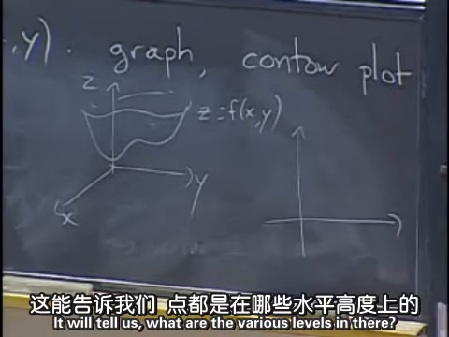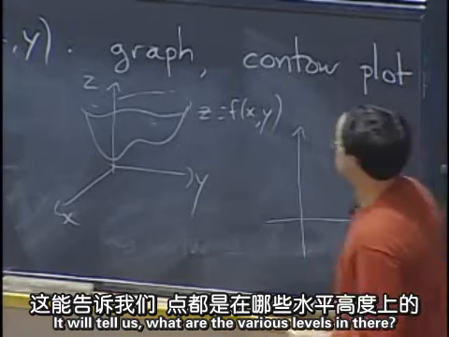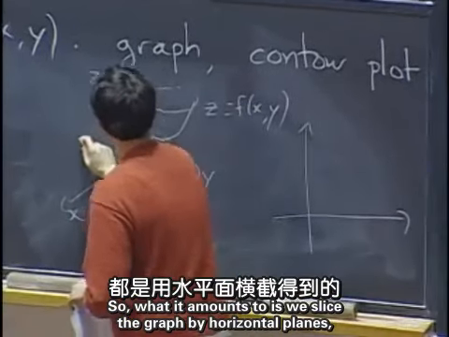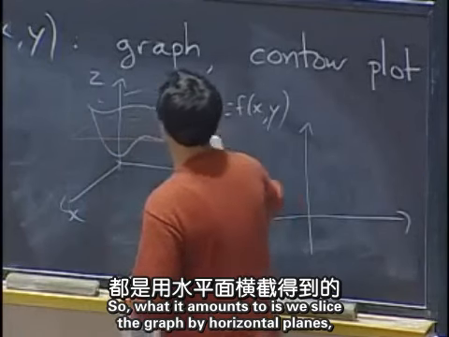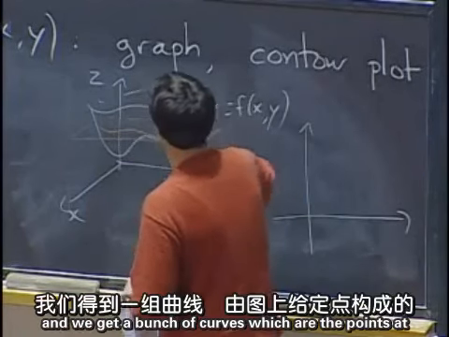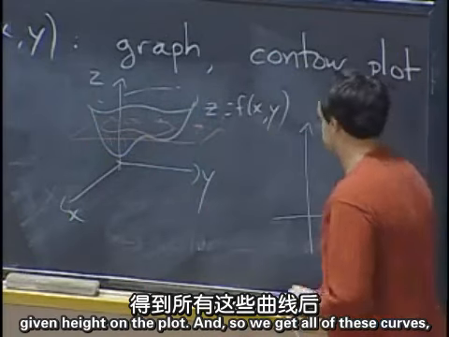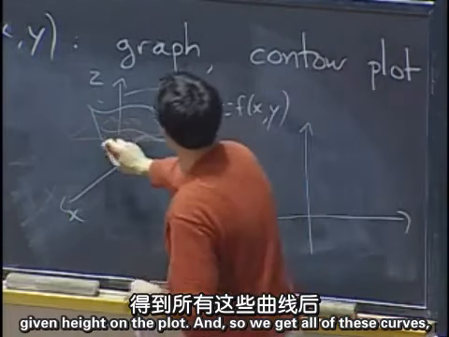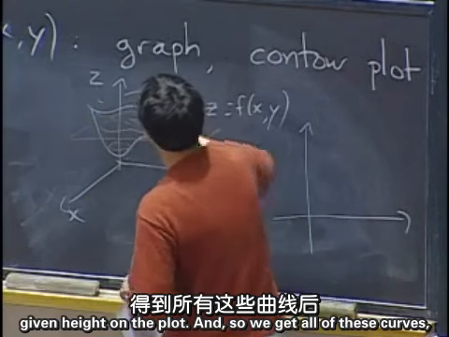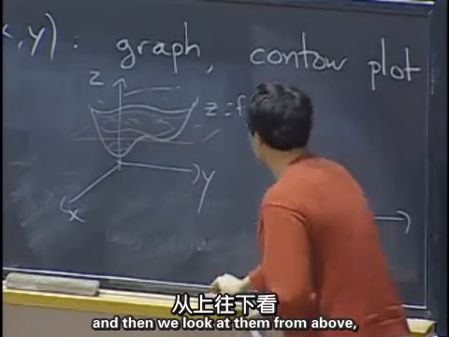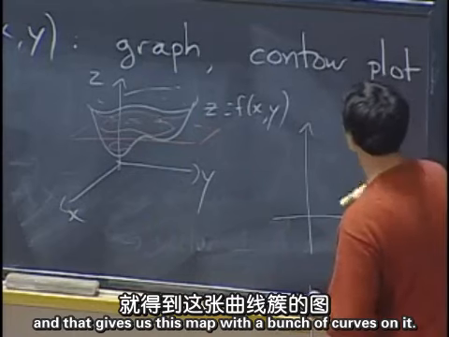It will tell us what are the various levels in there. So what it amounts to is we slice the graph by horizontal planes, and we get a bunch of curves, which are the points at given height on the plot. And so we get all of these curves, and then we look at them from above, and that gives us this map.